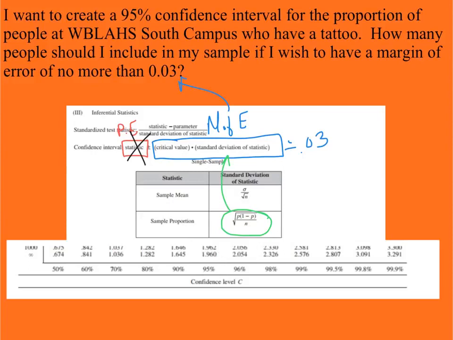So 1.960 is the critical value. What I now have is 1.96 multiplied by this standard deviation has to be equal to 0.03. Now, sometimes you're actually given a p, like use this as the proportion to start you off.